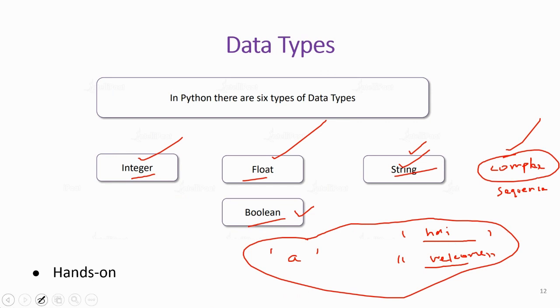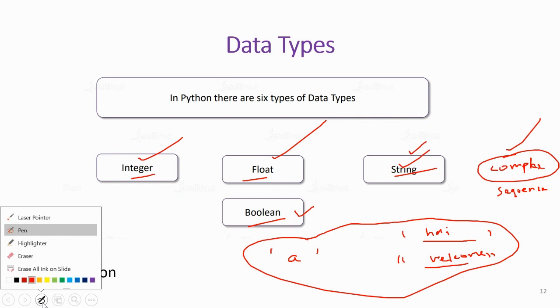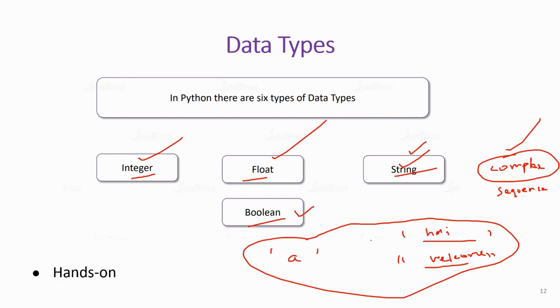Now this string we have discussed. We have some string operations, we will see later, as I told. Now the next type of data is sequence type. Under sequence type we have list, tuple, and dictionary.